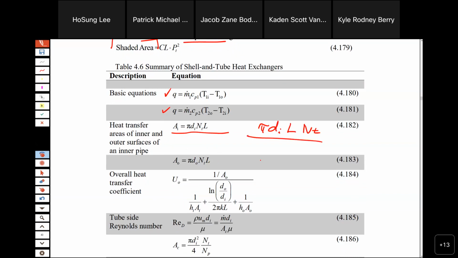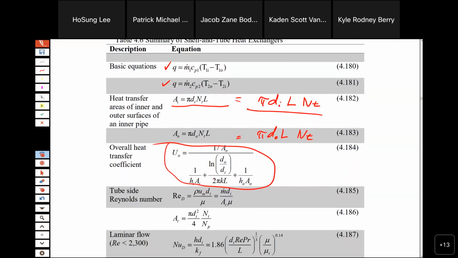Outside is pi DO times L and the number of tubes, something like that. So again, the overall is the same. In this case, they use cylindrical.